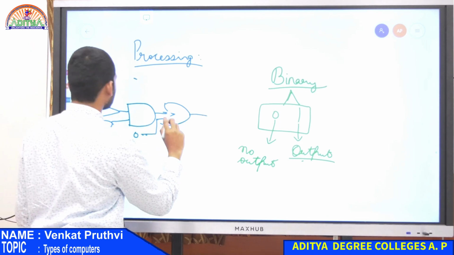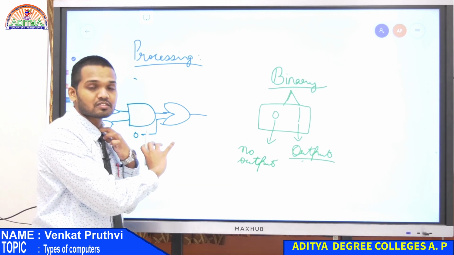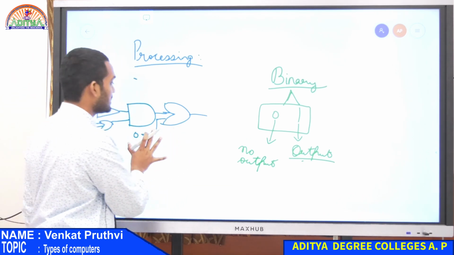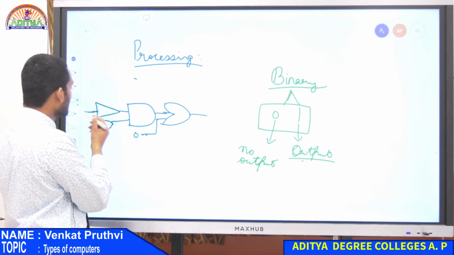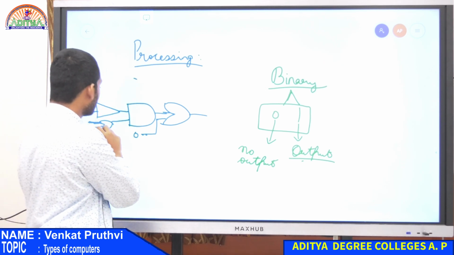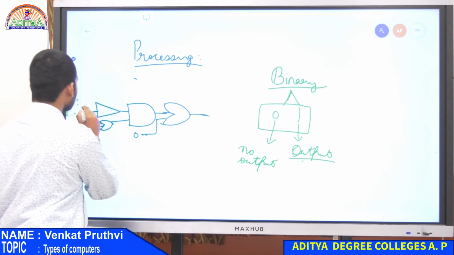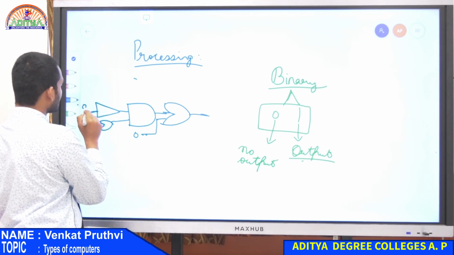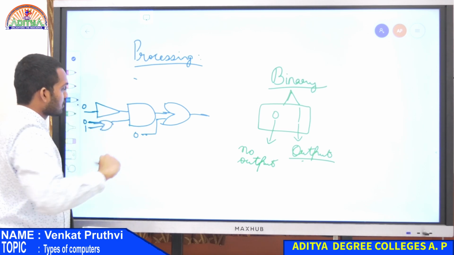Suppose this is a circuit. Let's assume the circuits inside your computer generally look like this, and this is just a very basic example that I wanted to give you. These are the input terminals for this circuit, and this will be the output for the circuit. Suppose I am providing some input, let's say an input of 0 and 1.